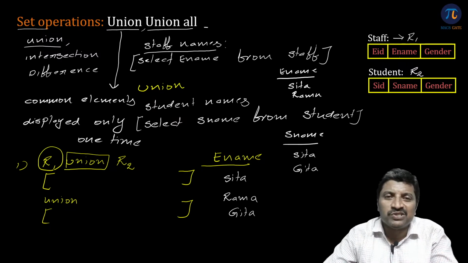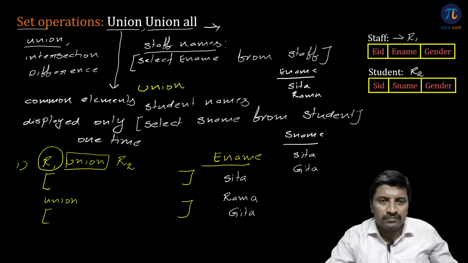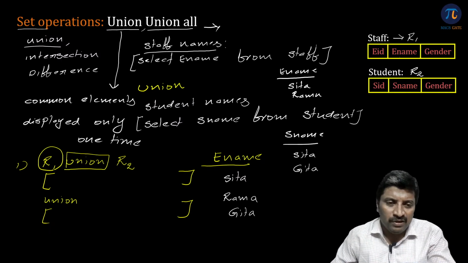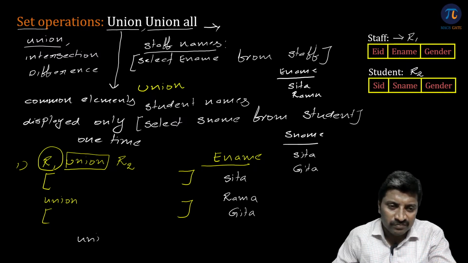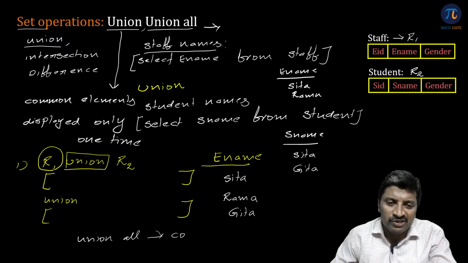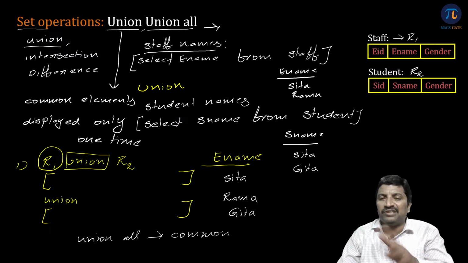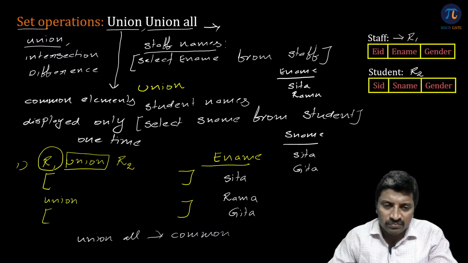What is the counterpart? If I apply union all, common elements will be displayed twice or thrice, depending on how many times they appear.